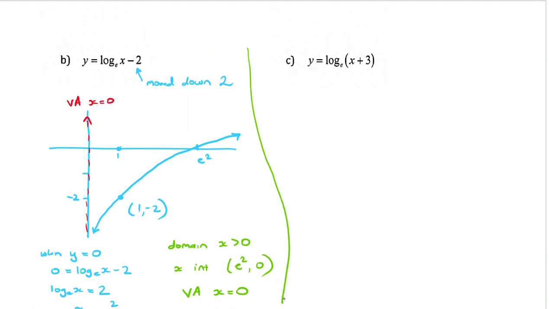All right, another one, question C. Y equals log base e of x plus 3. Putting the 3 in the bracket, what does that do? Moves it left 3 spaces. Well done. So this is going to move the asymptote.